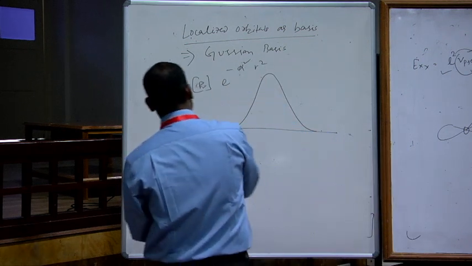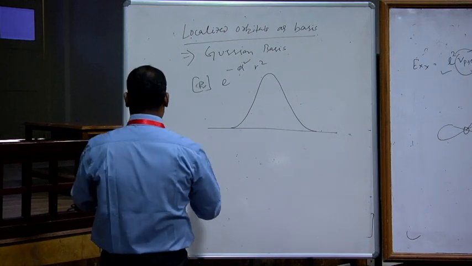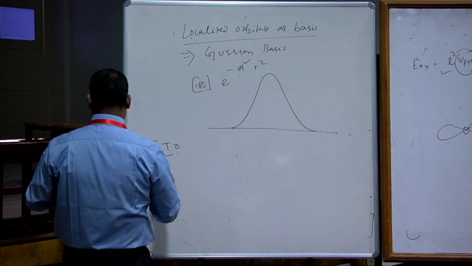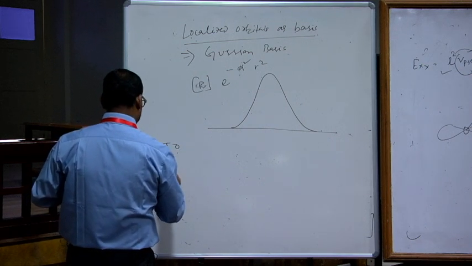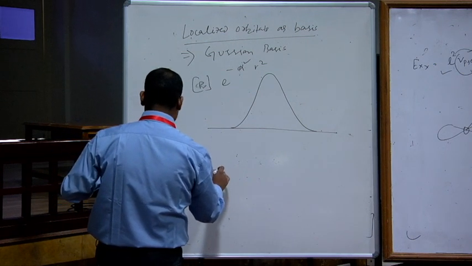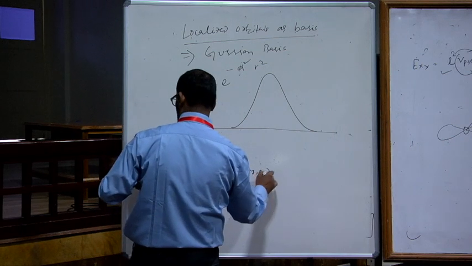In general, of course, the Gaussian orbitals people do write like the following, Gaussian type orbitals. So they write G, alpha, L, M, and N, of x, y, z.